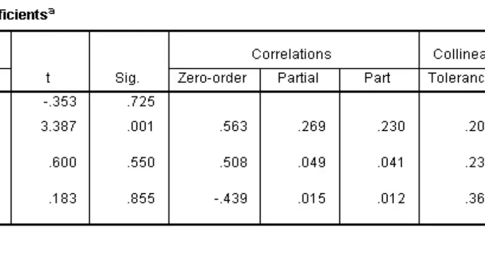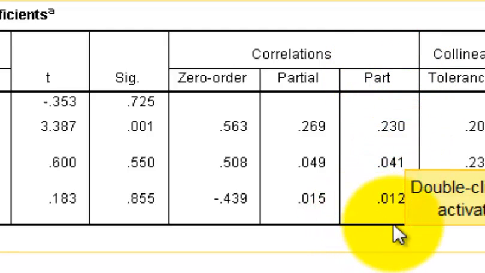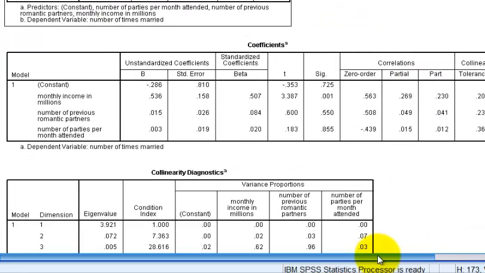I'll say that again. The part, which is the same as semi-partial, gives you the amount of variance of the DV that can be explained solely by each of these IVs, with the other IVs' influences removed. So that's what the partial and semi-partial mean. And again, the only one that's really significant is how much money they make, okay?